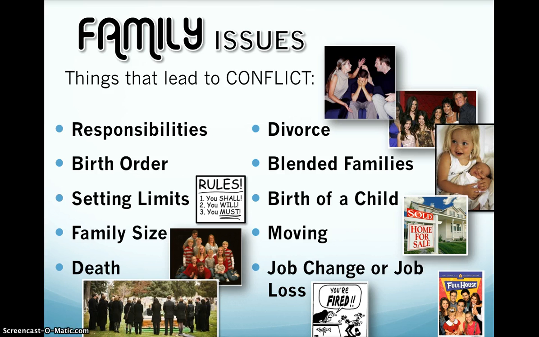Blended families can cause issues, meaning new people coming in like stepbrothers and stepsisters. The birth of a new child. Oh, well, I was the only child, and now this one's always getting the attention. Moving can also cause a conflict. I don't want to move, I'm happy where I am. Or we have to move. And lastly, the loss of a job or change.